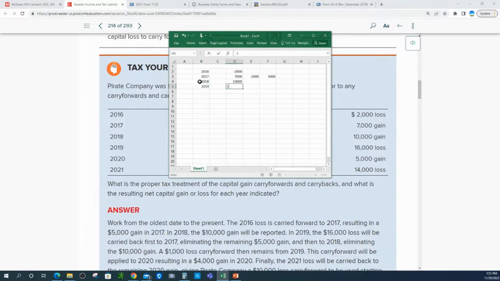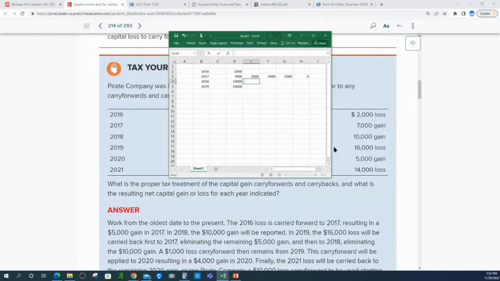2019, they got a $16,000 loss. So first we're going to apply 5,000 of that 16,000 here. So now we've got a 0, but we've absorbed 5,000.